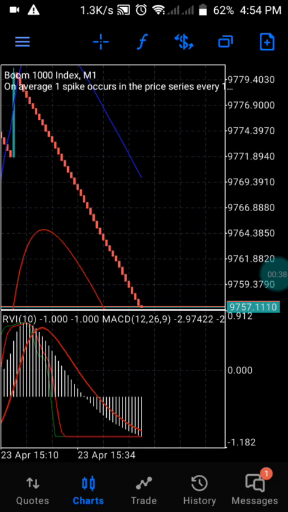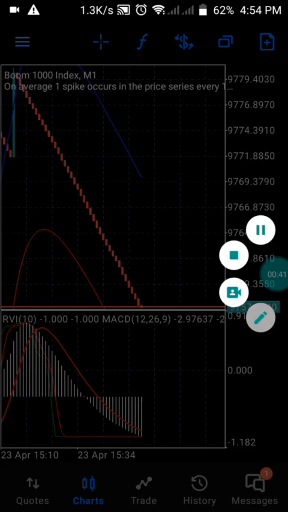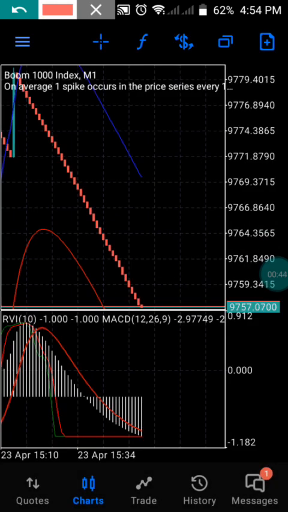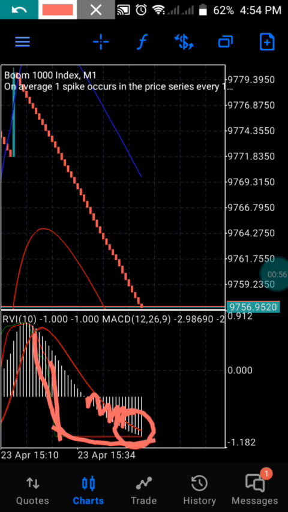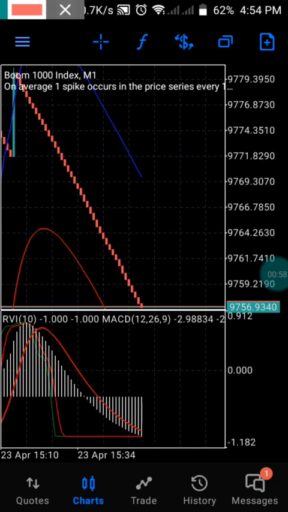So what you only need to understand about this setup is that we are going to be targeting this particular entry anytime you have your histograph moving on a downtrend, and you have your two line crossing above. And guys, this is the right time for you to enter the market.